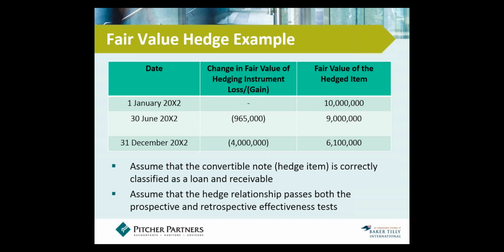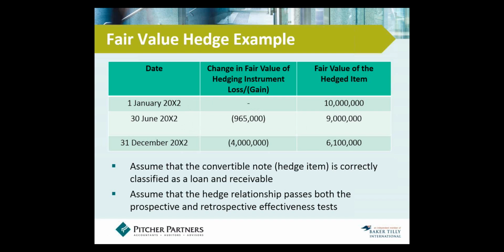So you can assume for my example purposes that the convertible note, your hedged item, is correctly classified as a loan and receivable, and that the hedge relationship passes both the prospective and the retrospective effectiveness tests. So we can assume that this is nice and effective, so we are going ahead with hedge accounting. I think what's important to note here, if we didn't comply with all the conditions for hedge accounting, we wouldn't have an accounting matching principle going on, because the convertible note is a loan and receivable.